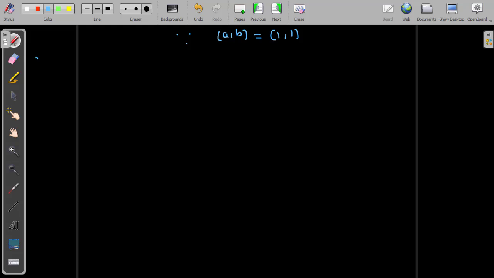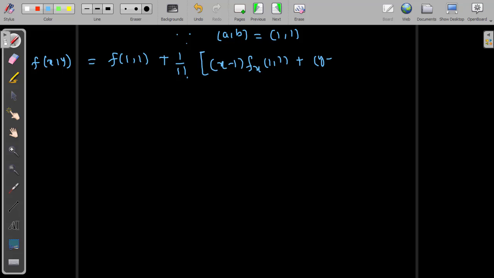Now the above rule reduces to f of x comma y equals f of a comma b, which means f of 1 comma 1, plus 1 by 1 factorial multiplied by x minus 1 times f_x at 1 comma 1, plus y minus 1, because b is also 1, times f_y at 1 comma 1, close the bracket, plus 1 by 2 factorial times x minus 1 whole square f double x at 1 comma 1.